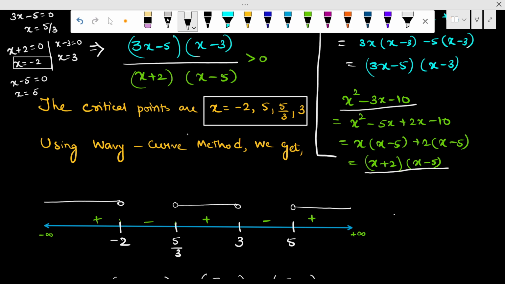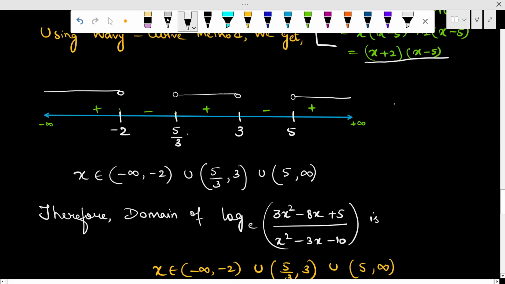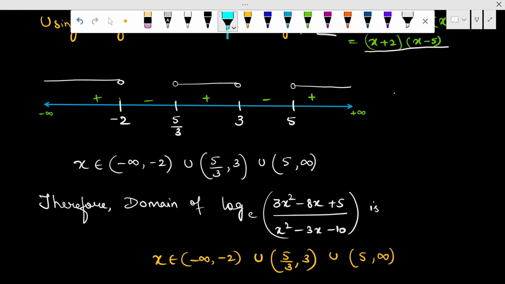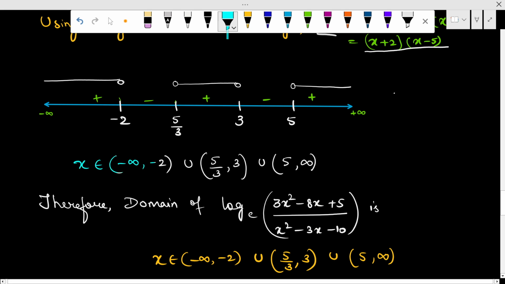So we take the plus sign and we get the domain of log of (3x square minus 8x plus 5) by (x square minus 3x minus 10) as x belongs to minus infinity to minus 2 union 5 by 3 to 3 union 5 to infinity. I hope this step is clear to all of you, right?